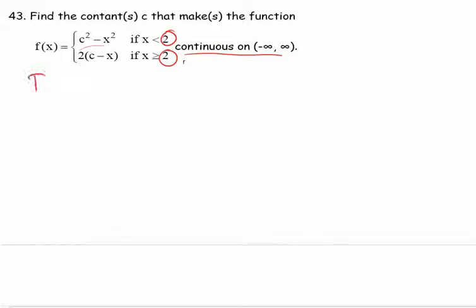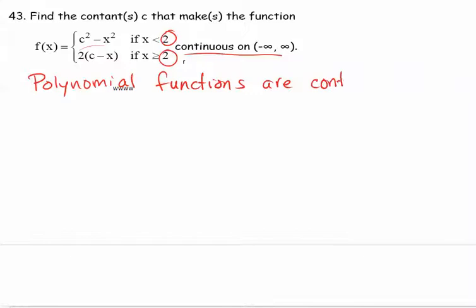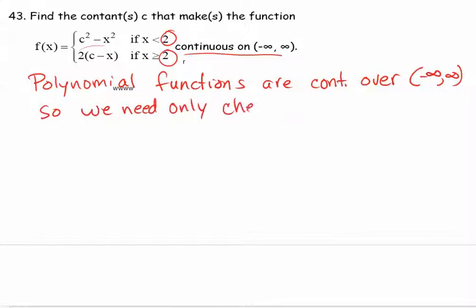So we know polynomial functions are continuous over the real numbers. So we need only check for continuity.